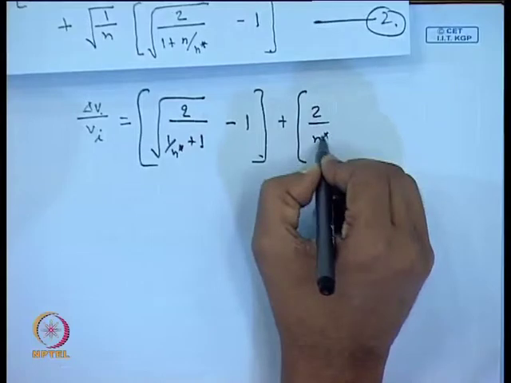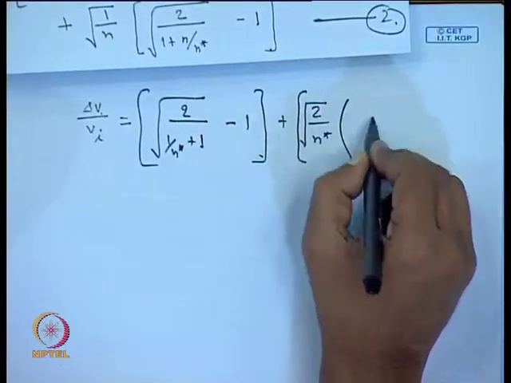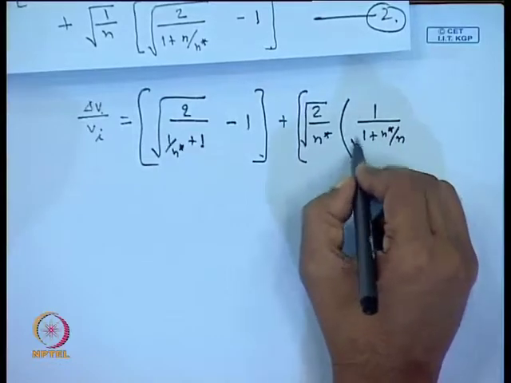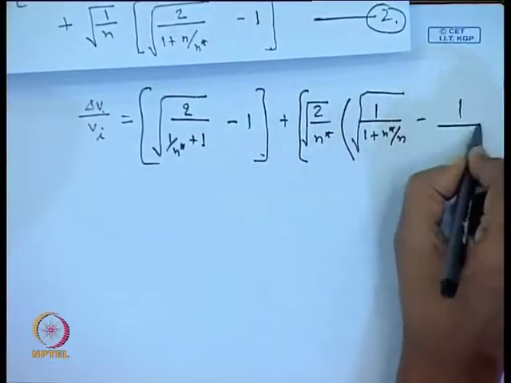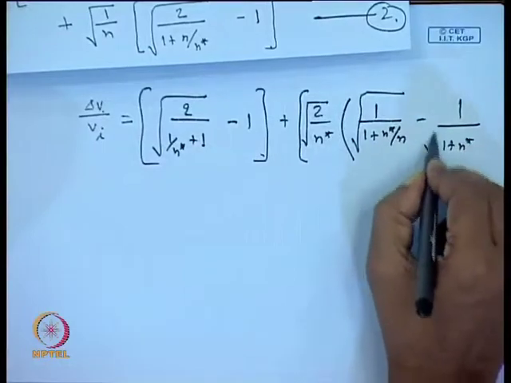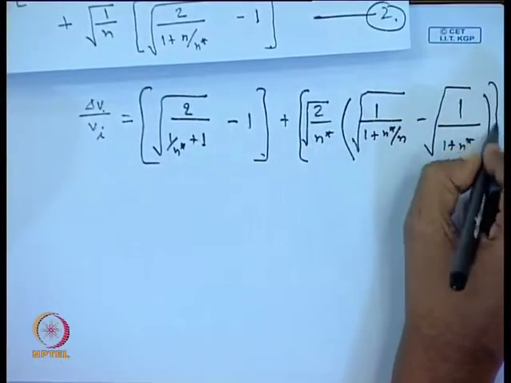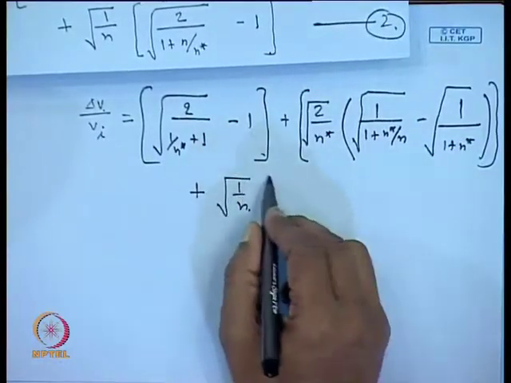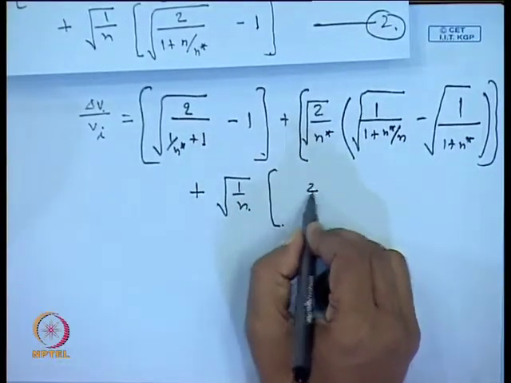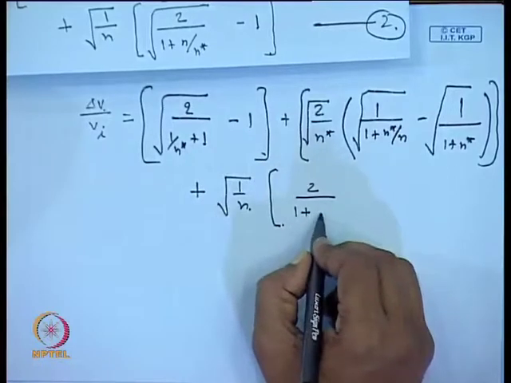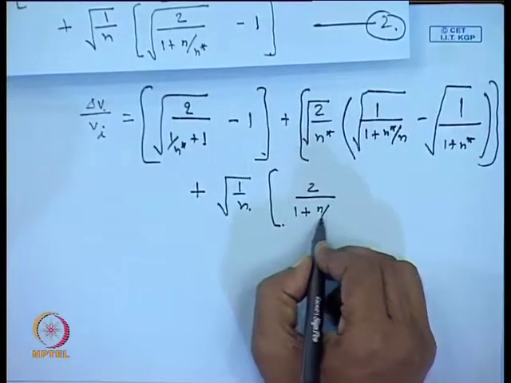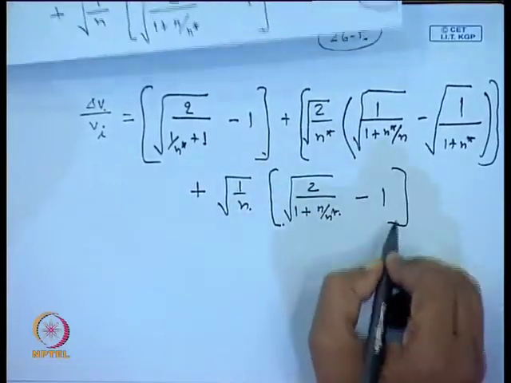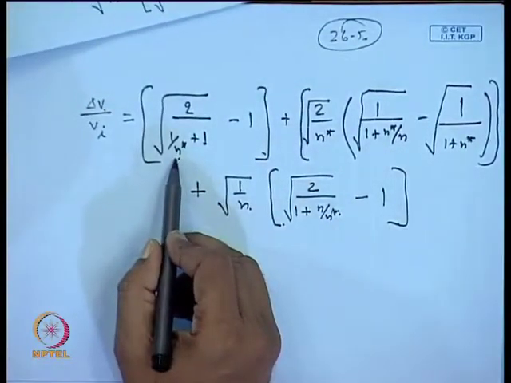This is 2 divided by n star times 1 by. Okay, now in this equation put n star equal to infinity.